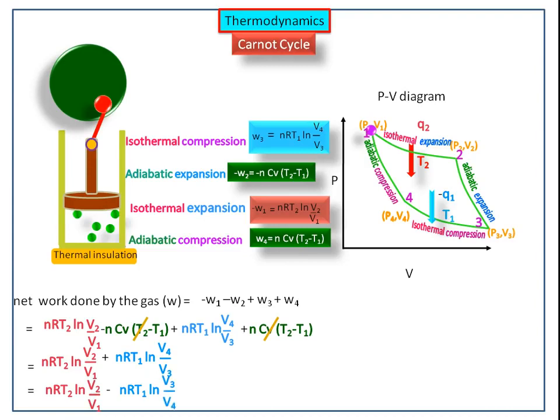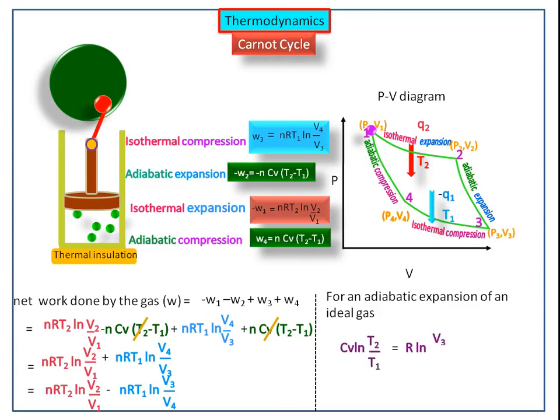Generally, for an adiabatic expansion of an ideal gas, CV ln T2 by T1 is equal to R ln V3 by V2. This is for the adiabatic process from 2 to 3. Similarly, CV ln T2 by T1 is equal to R ln V4 by V1. This is for the adiabatic compression, the process from 4 to 1.